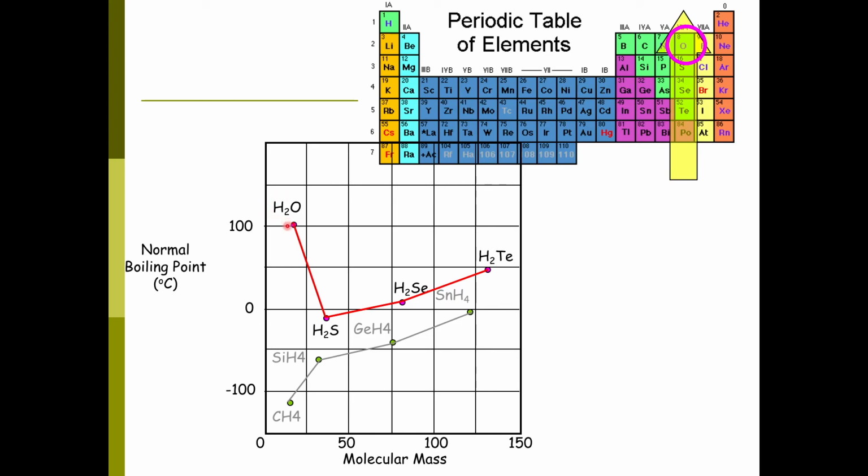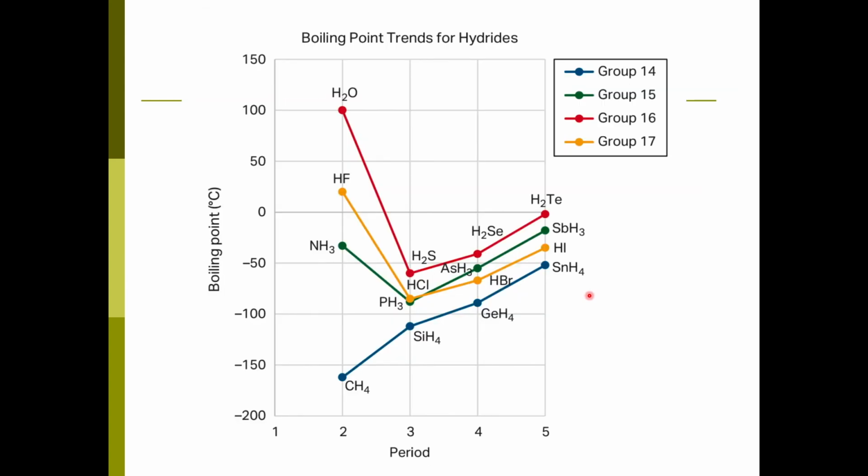Why do you think water has a higher boiling point? That is because it has hydrogen bonding, which is a much stronger intermolecular force. Therefore, it will have a much higher boiling point. Okay? So that is why the trend does not decrease. Water has hydrogen bonding, while the rest of them only have weak London dispersion forces. You can even see this trend with all the different groups.